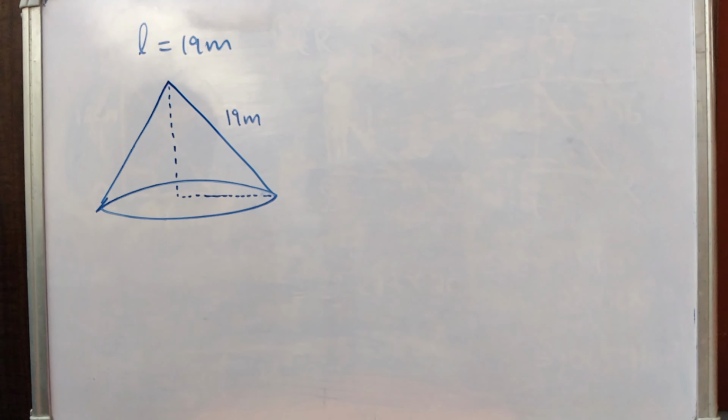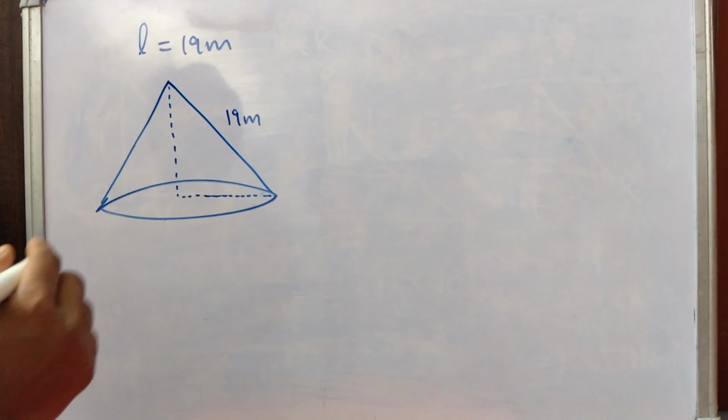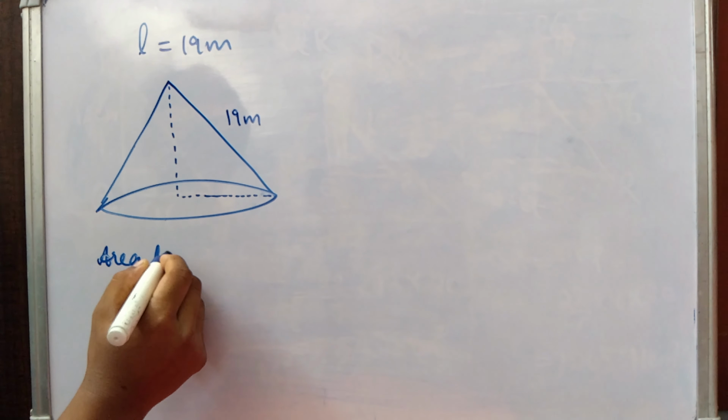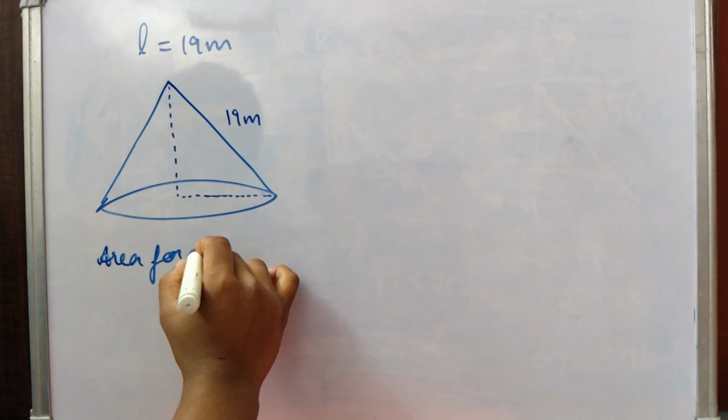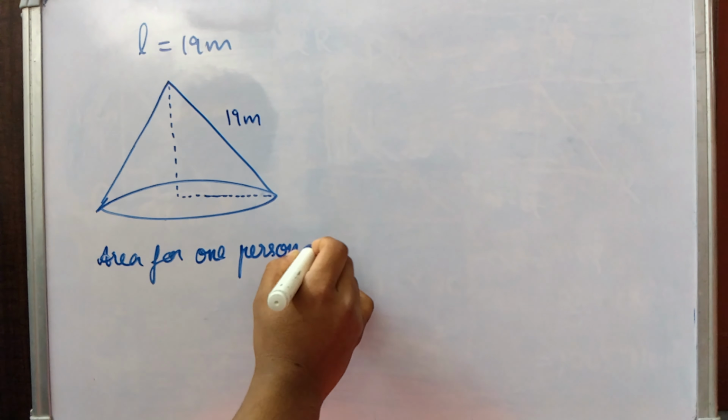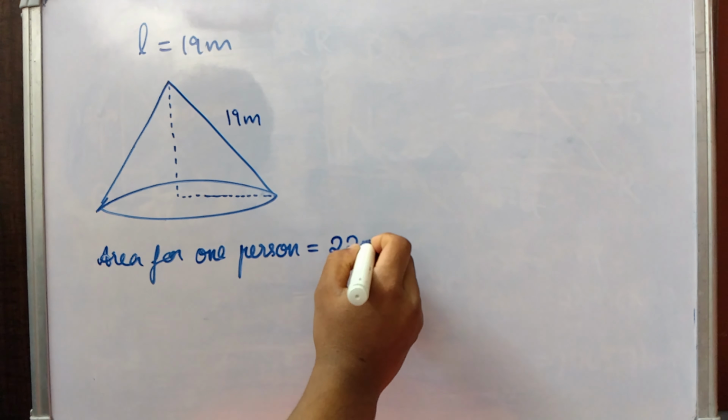And then what else is given? If each person requires 22 meter square, we have to find it for 4 persons because we have 4 persons who have to live in this tent. So the area for 1 person is equal to 22 meter square.